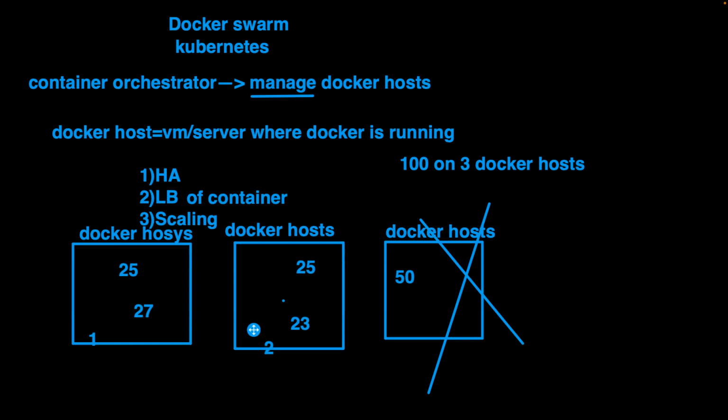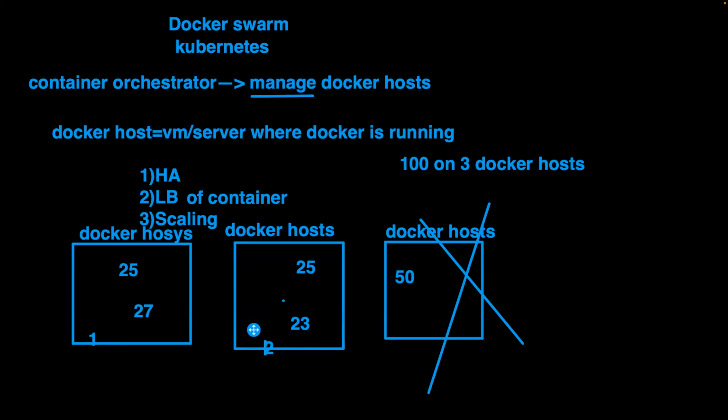You don't need to mention how many should be there on each worker node or Docker host. This is taken care of by Docker Swarm, which is called auto load balancing of containers on the cluster. It will calculate the resources and accordingly deploy the containers.